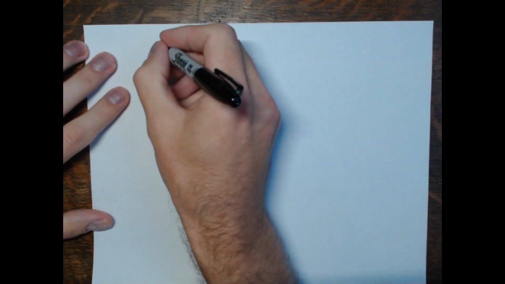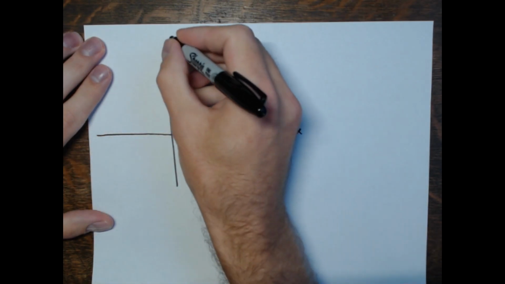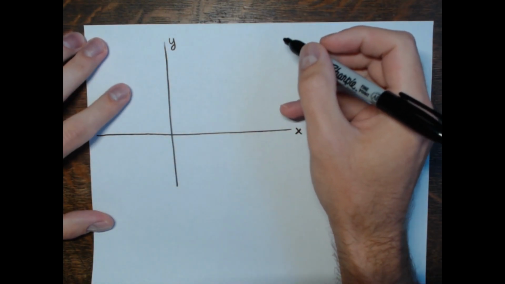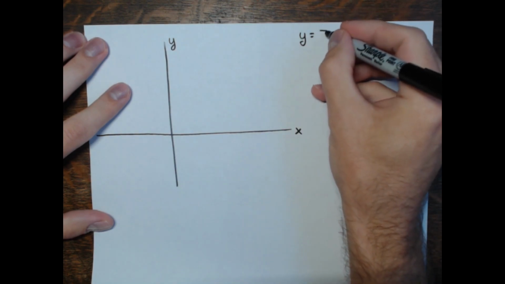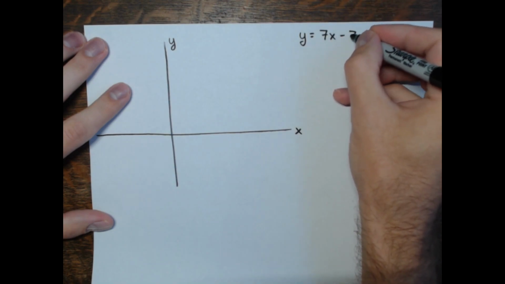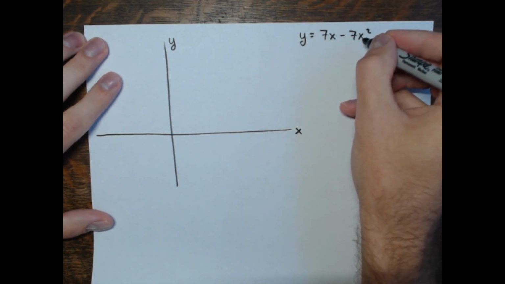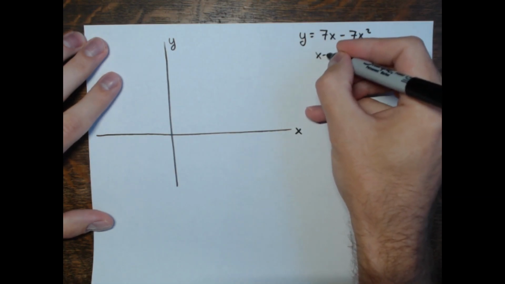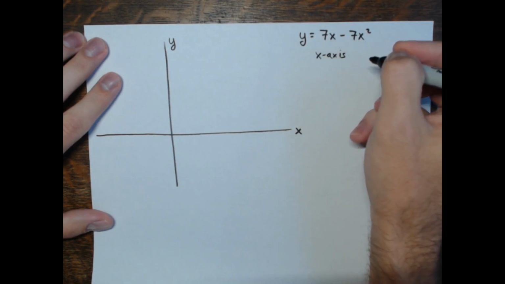All right, so let me draw this region. The curves given to me are y equals 7x minus 7x squared, and they said the region is bounded above by this curve and below by the x-axis, and that's it.